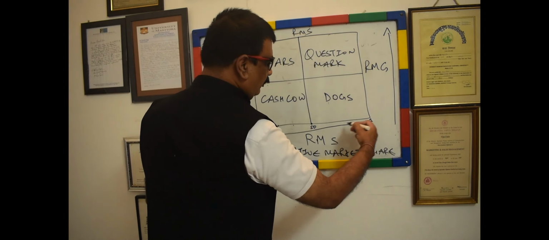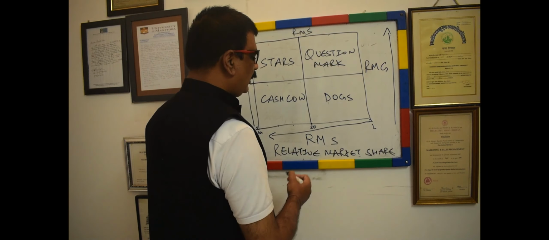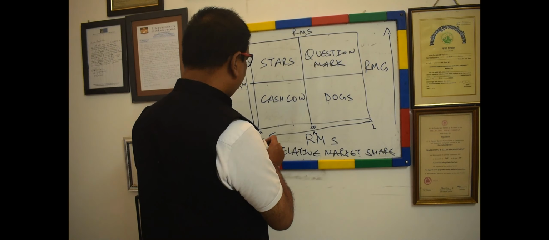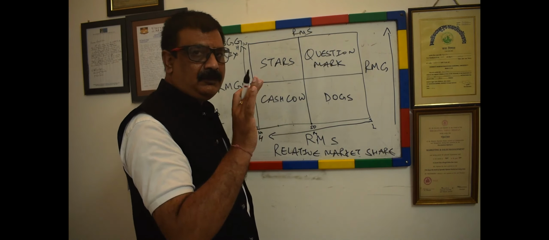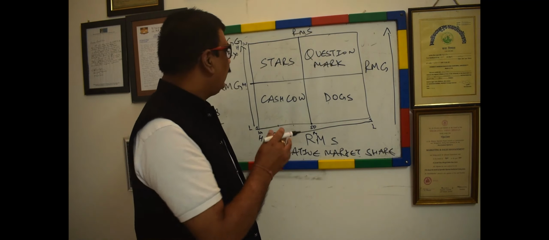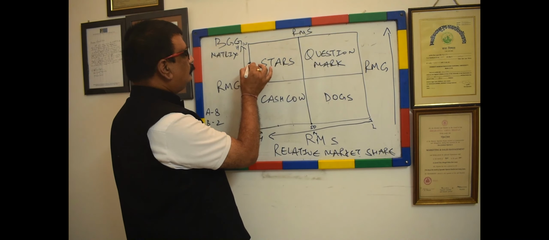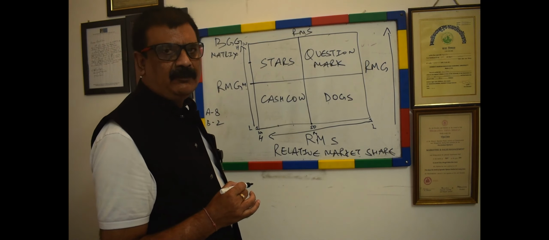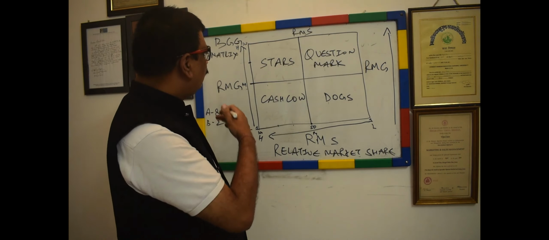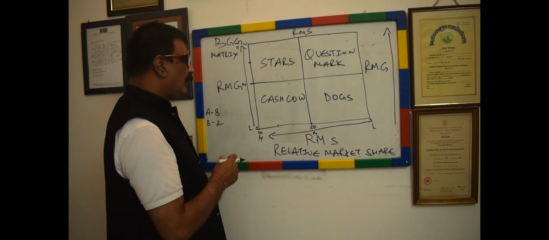Here also, if you don't want the quantification, this is low market share, this is moderate market share, this is high market share. So the market growth for small cars in India is high. So if you talk about Alto, it will come somewhere here, because its market share is more. So let us understand this way.